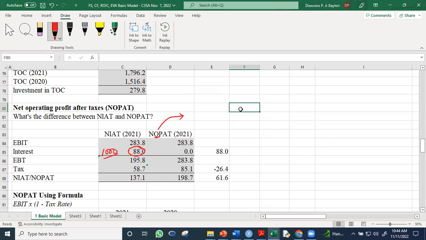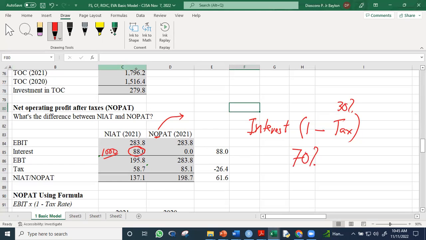Okay? Such that the difference between NOPAT and NIAT will be equal to whatever the interest is, and then we multiply that by 1 minus tax rate. So if the tax rate is 30%, the difference will only be 70% lang.